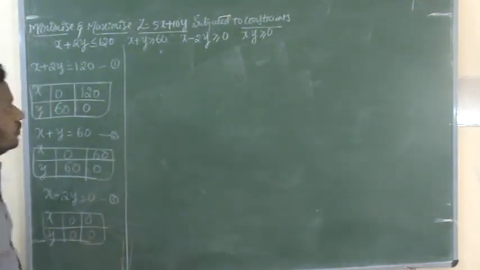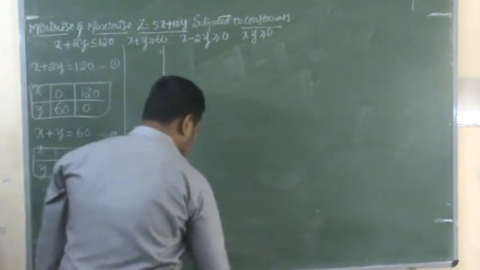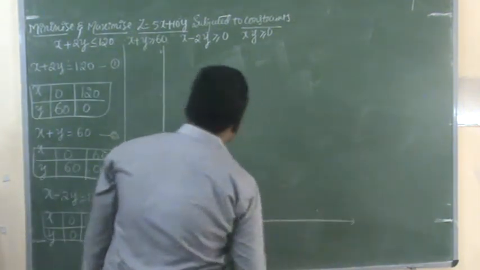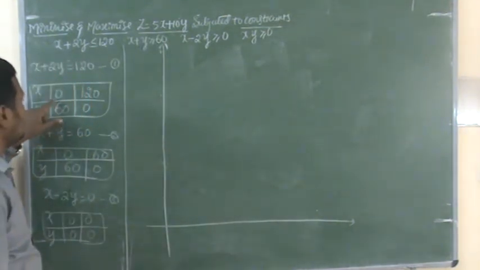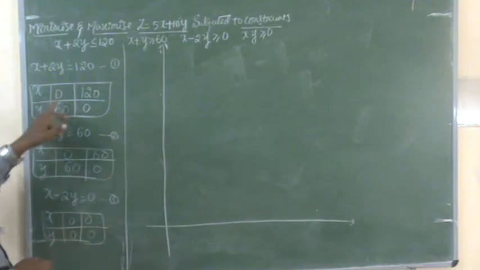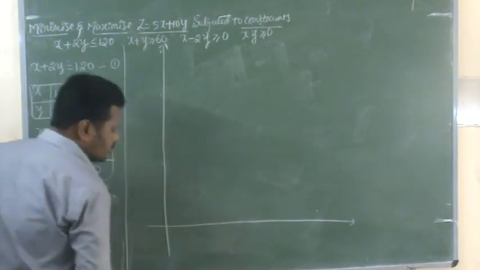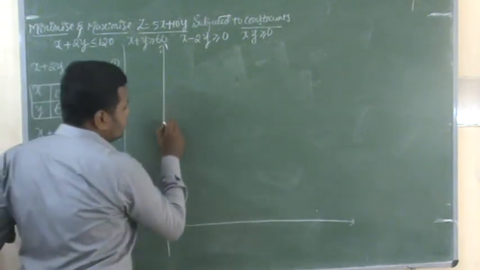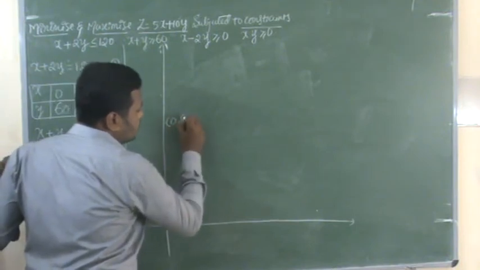Now plotting the graph. For the first equation, x is equal to 0 and y value is 60, that is (0, 60).